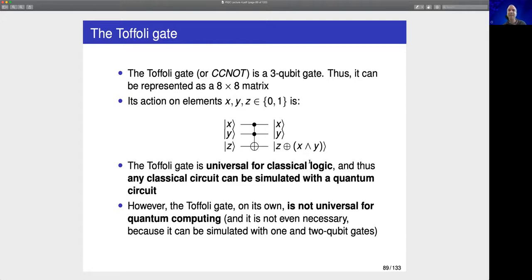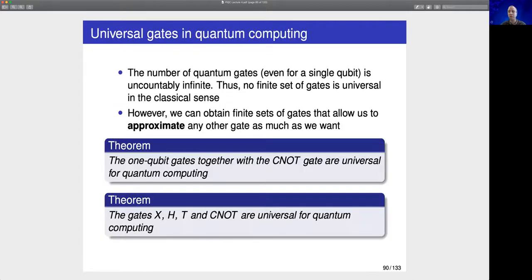And in fact, we don't even need to include this 3-qubit gate or any other 3 or higher qubit gate. Okay, this is a very interesting and very important result, which is somehow the basis of the possibility of doing quantum computing in practice. And the idea is that with only a subset of gates, we can construct any other possible operation.